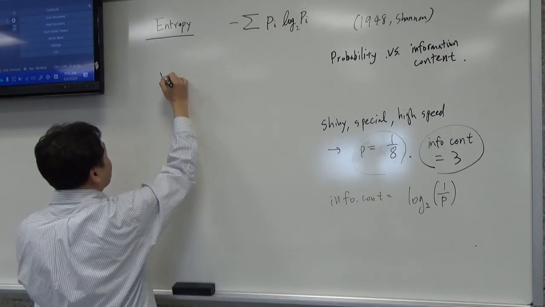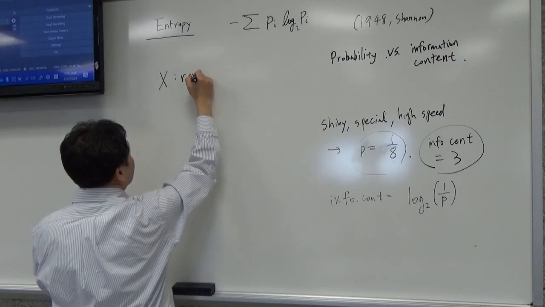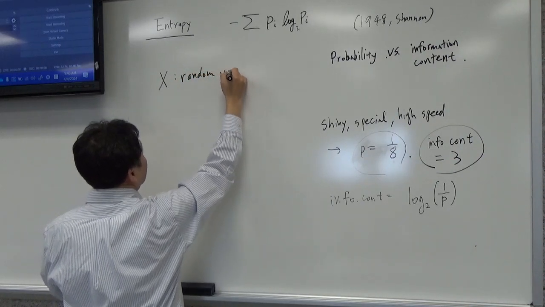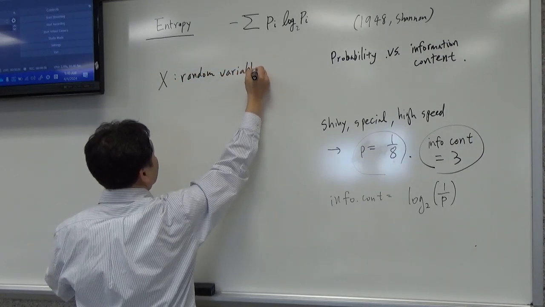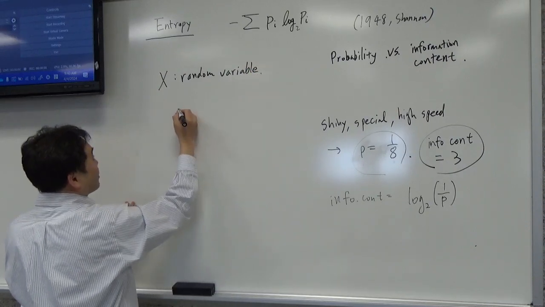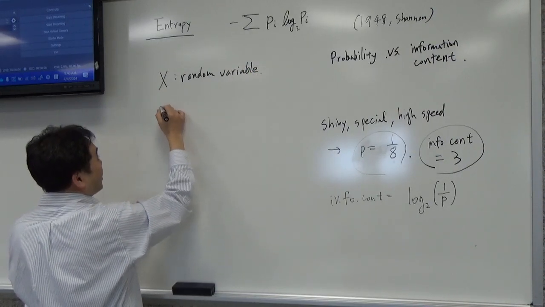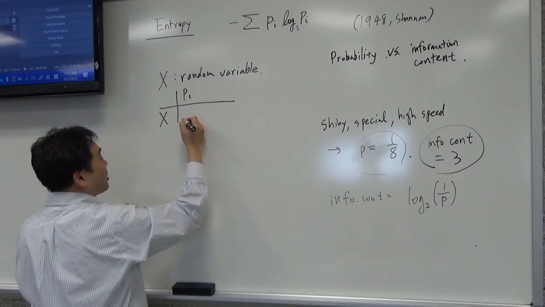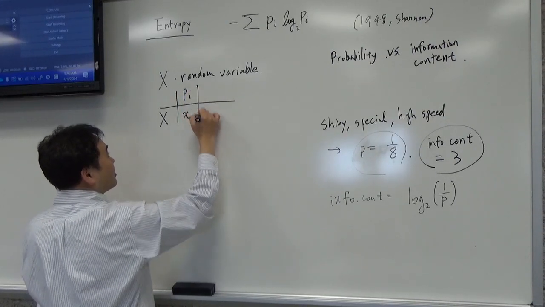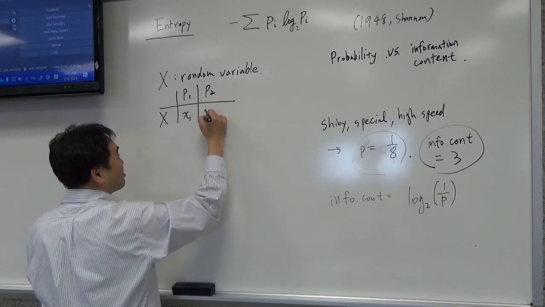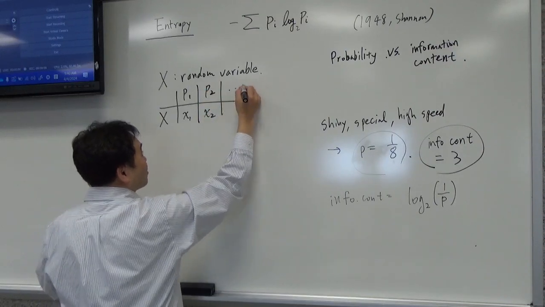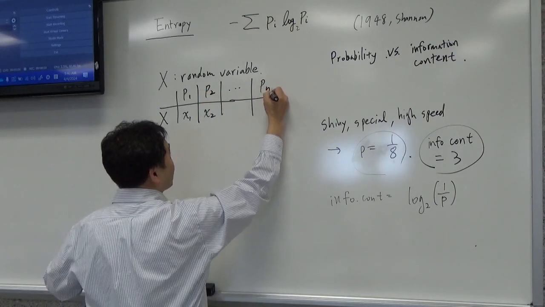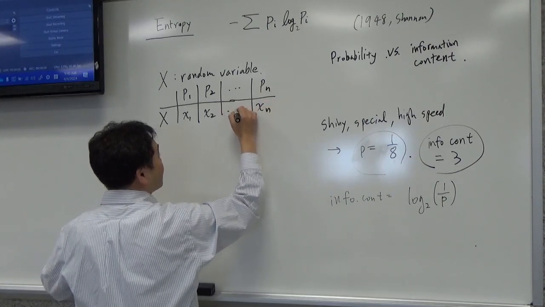So if x is a random variable, x could be, with probability p1, a special value x1, and with probability p2 it could have x2, and so on, pn, xn.